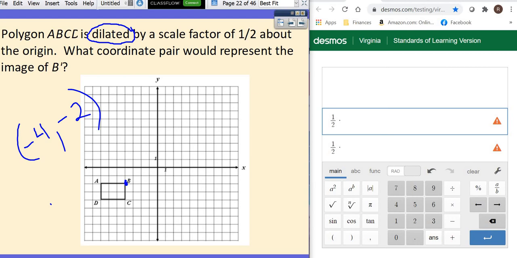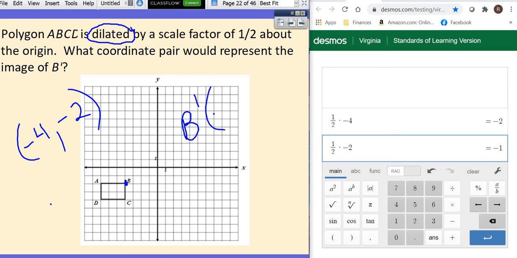So the coordinates of B, point B, are -4, -2. So my X value is -4. I'm going to put that in my calculator right by my scale factor where I multiplied. And then my -2 is my Y value. So that means my new coordinates for B prime are -2, -1.